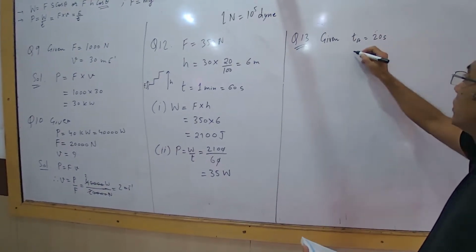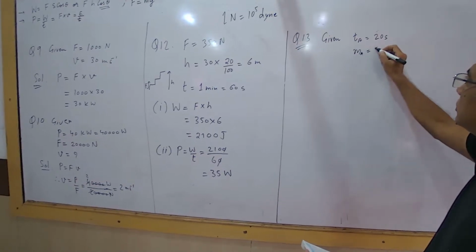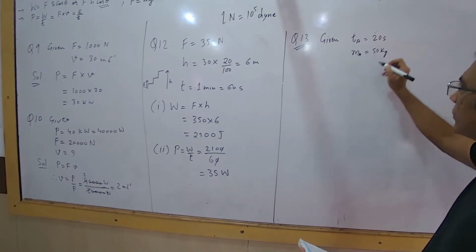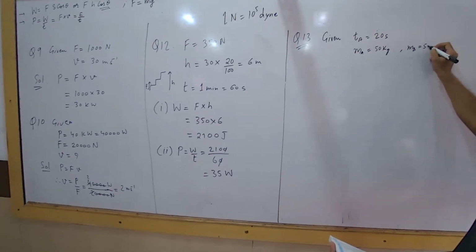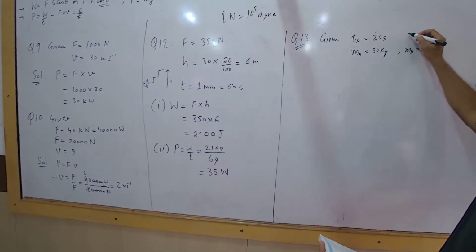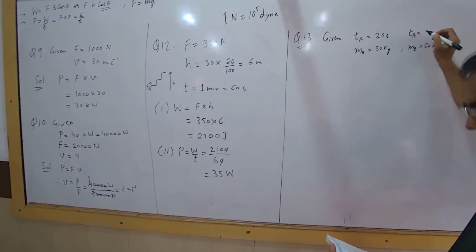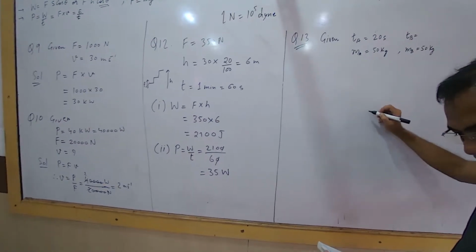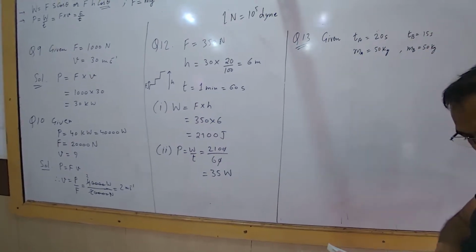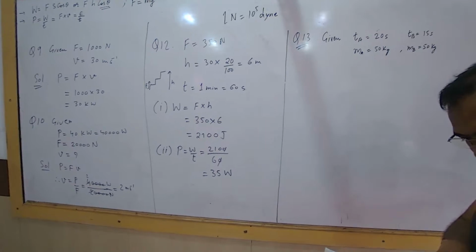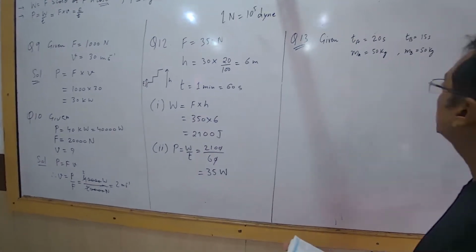Another person, mass of A is also 50 kg and mass of B is also 50 kg. What is the time he takes? He takes 15 seconds. Then compare the work done, right?